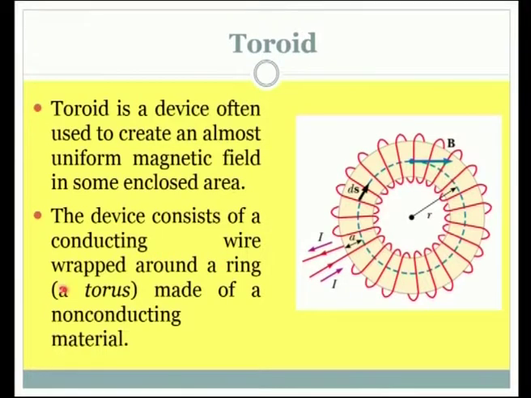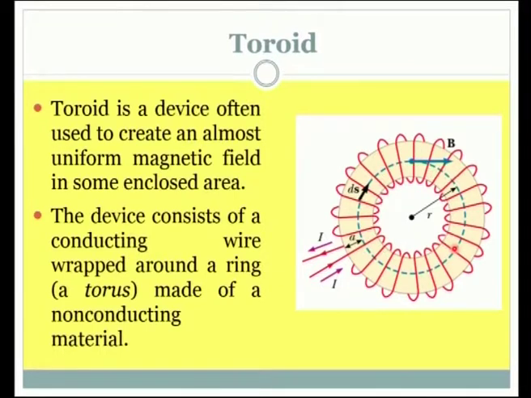A ring is called a torus, made of a non-conducting material. So, this we call it as a torus or a core. So, here we have the core and the coil is wrapped or wound around it, and if you cut here and extend it, it will become a solenoid again.